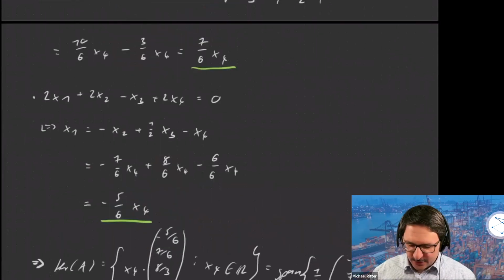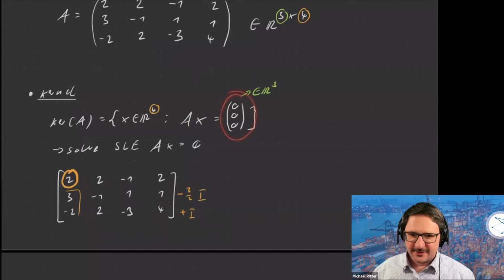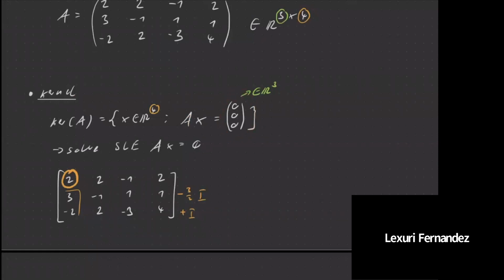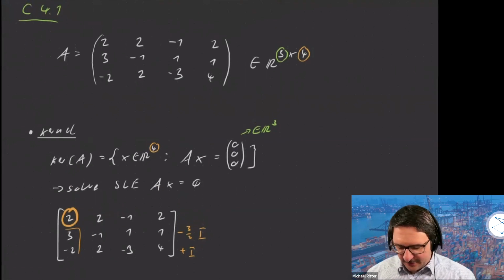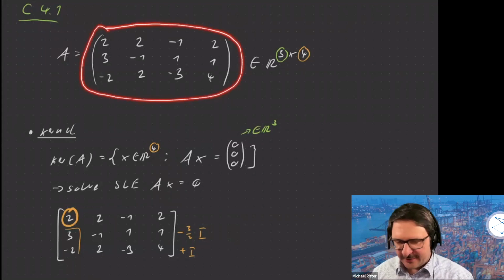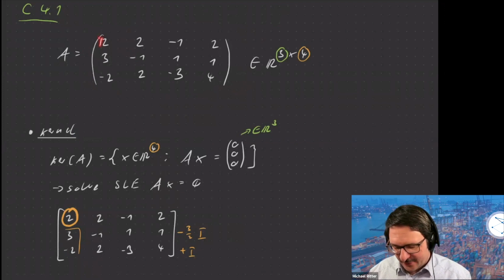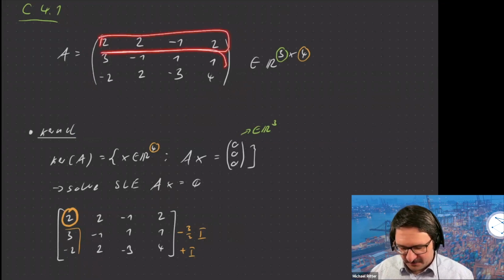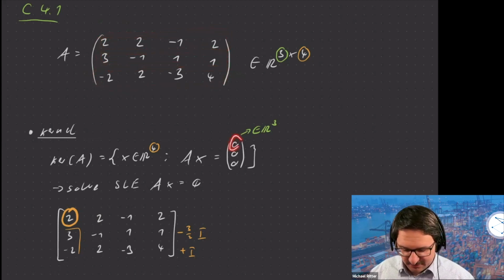So this vector here, right? Correct. We want to solve the equation system that has these coefficients on the left-hand side and the pseudo right-hand side of just zeros. And as you can see, we have 3 equations here. So of course we need 3 right-hand sides. That means we need 3 zeros.